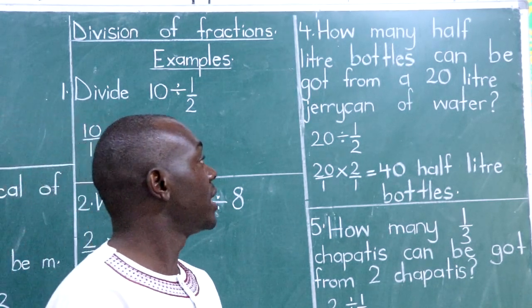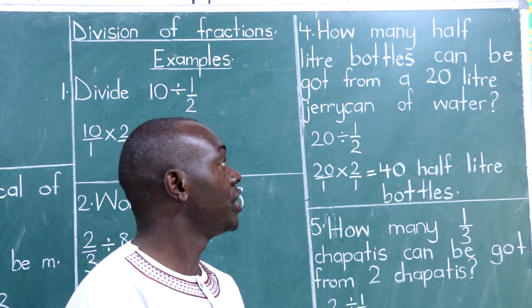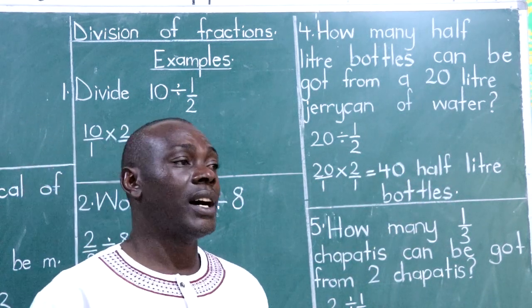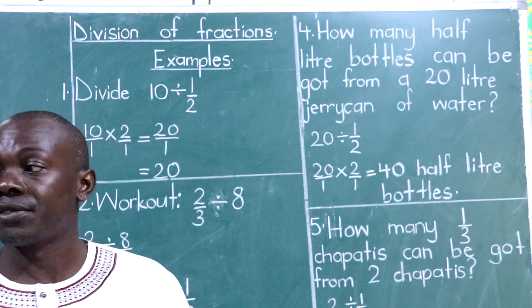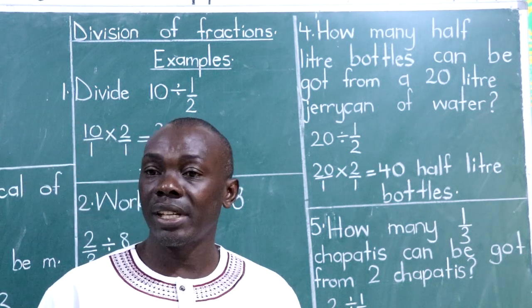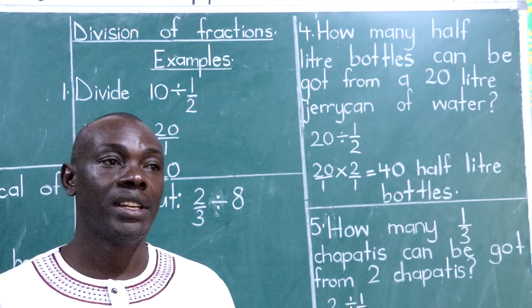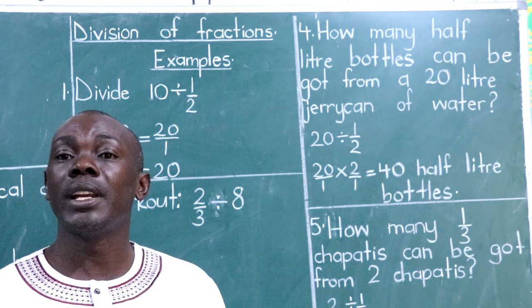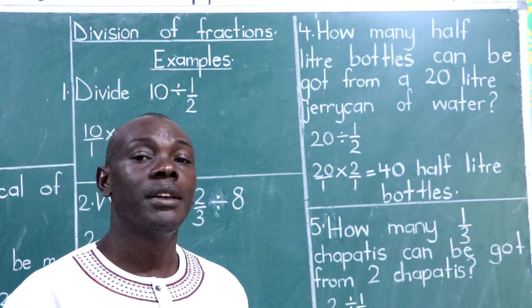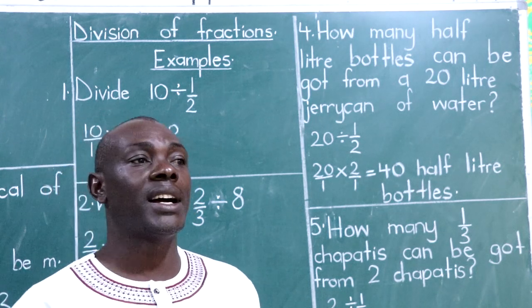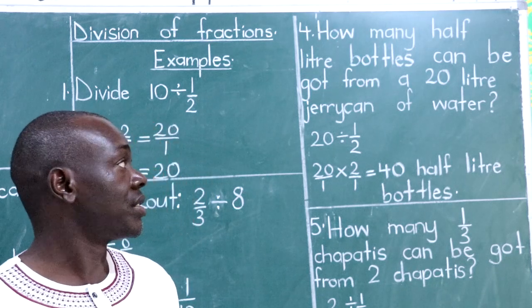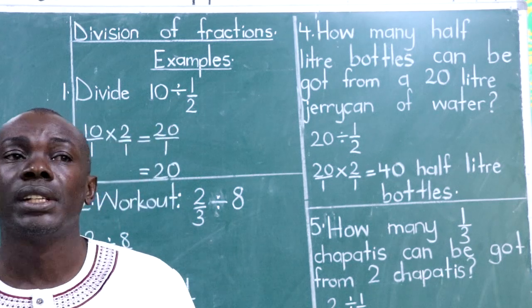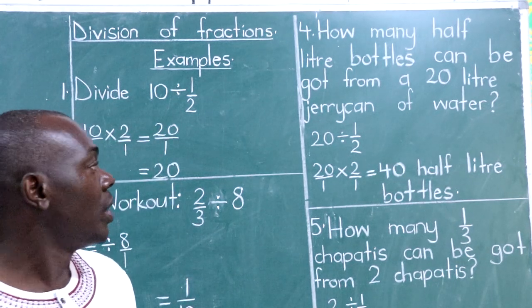The jerry can of 20 liters is filled with water, and someone has bottles that can each be filled by half a liter. So how many such bottles can be obtained? Meaning the whole 20 liters of water is to be subdivided into halves.